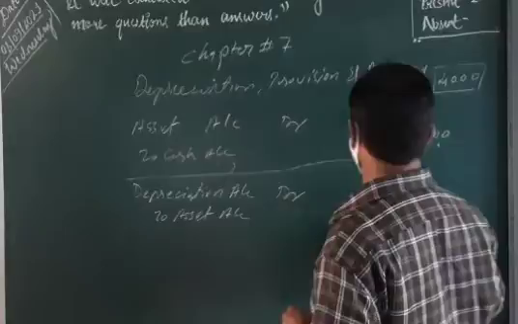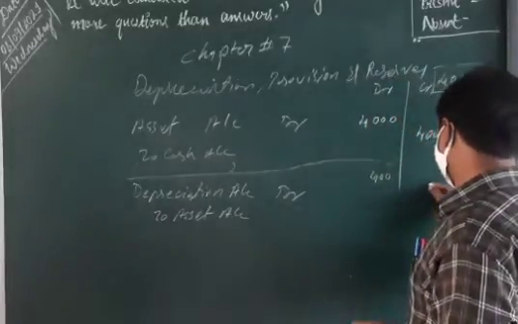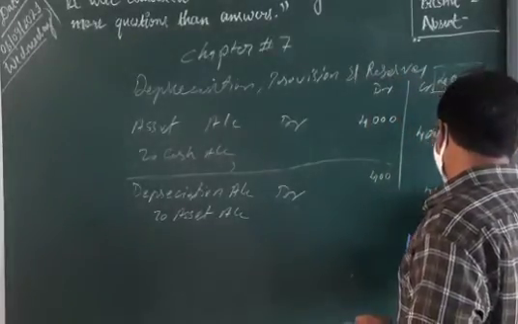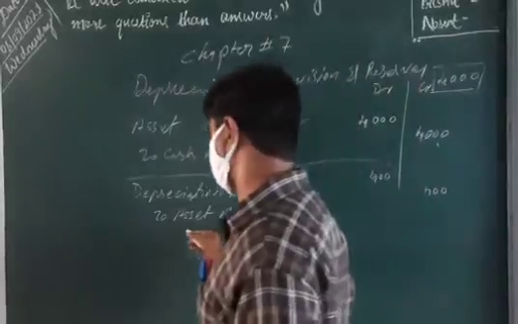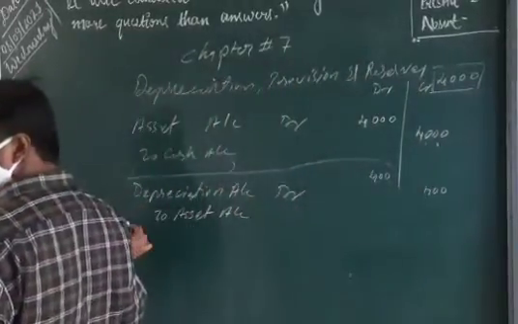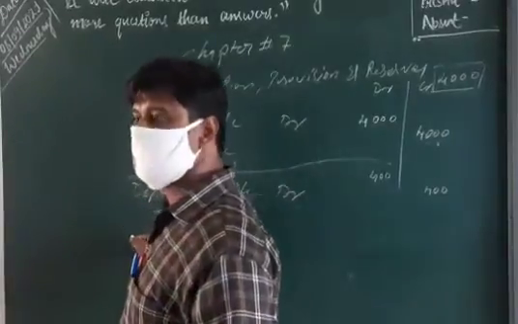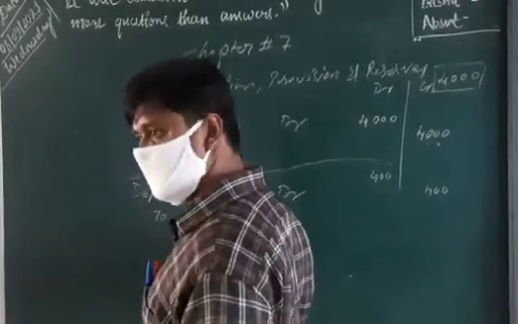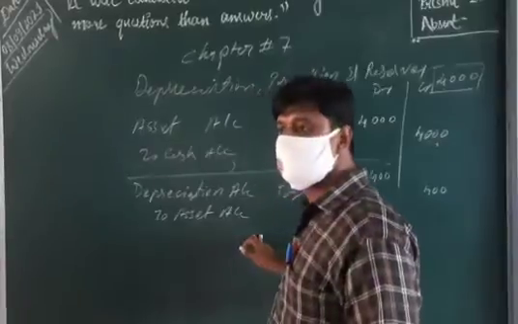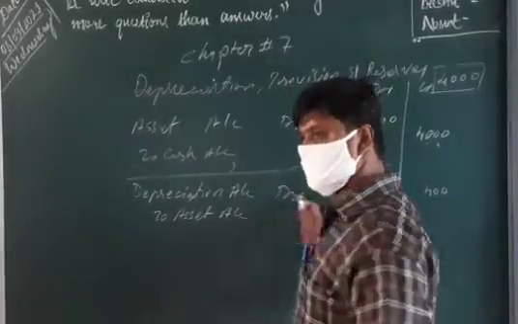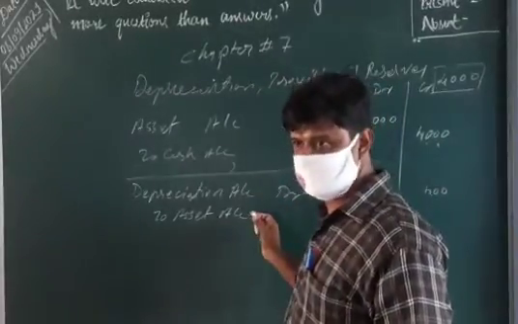Then the same we mention in the formula. Here we mention the narration: depreciation charged on the asset bicycle at the given percentage.